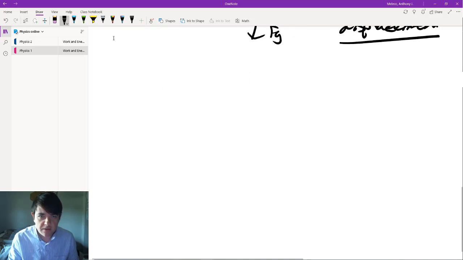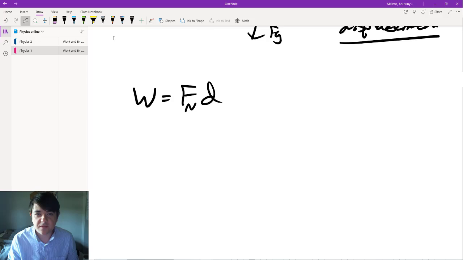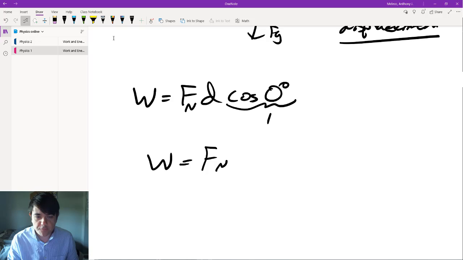So that means work here will equal the normal force times his distance, times cosine of the angle between them, which is 0, so cosine is just 1. So the work equals the normal force times the distance. Now, what is the normal force going to be?